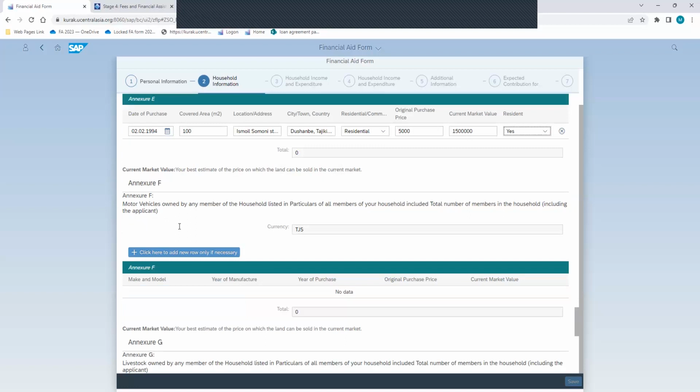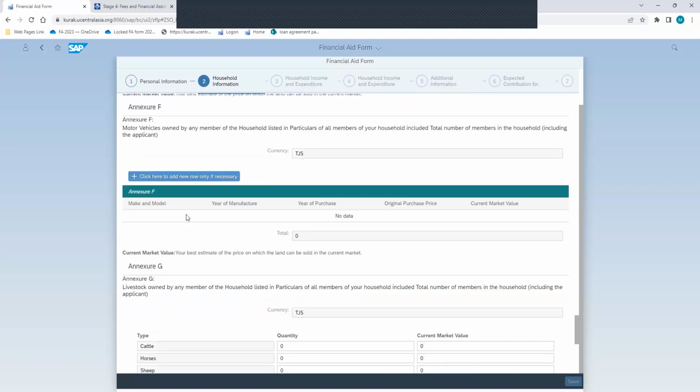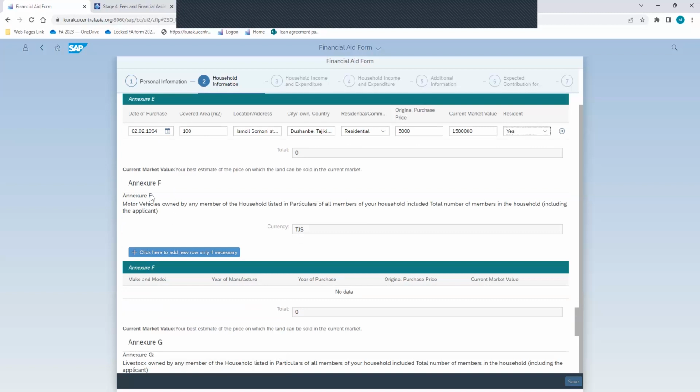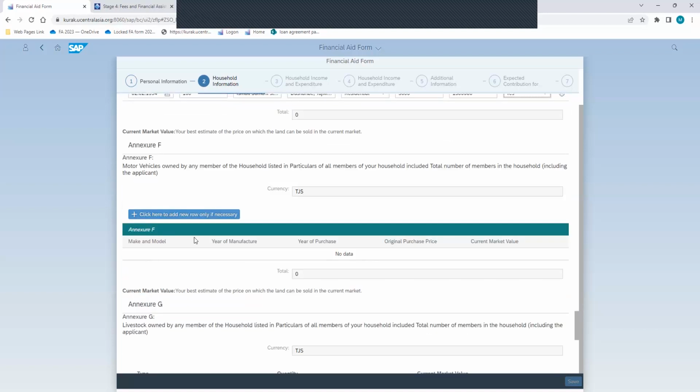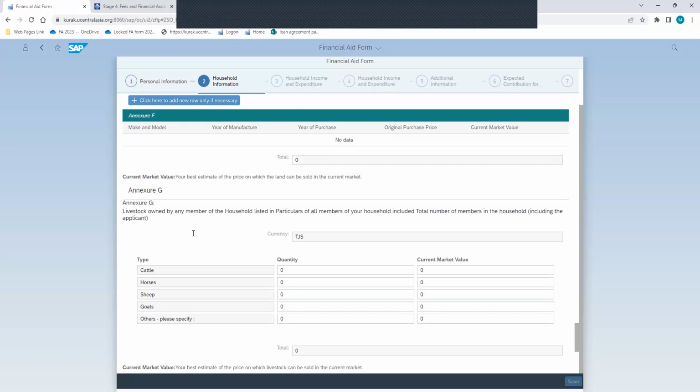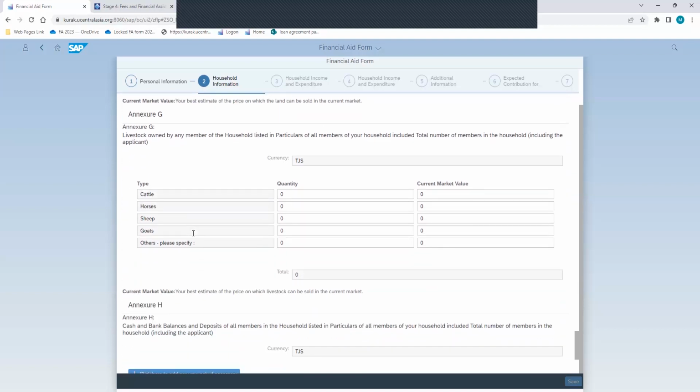So coming to Annex F, motor vehicles owned by, as I mentioned, I don't have any motor vehicles. Otherwise, I have to indicate something here. Need to click here to add a line. So coming to Annex G, which is livestock owned by any members.